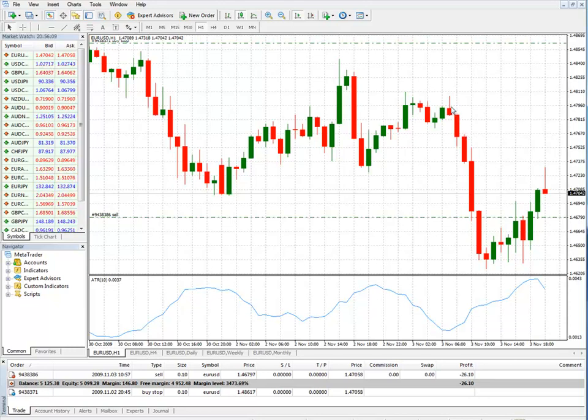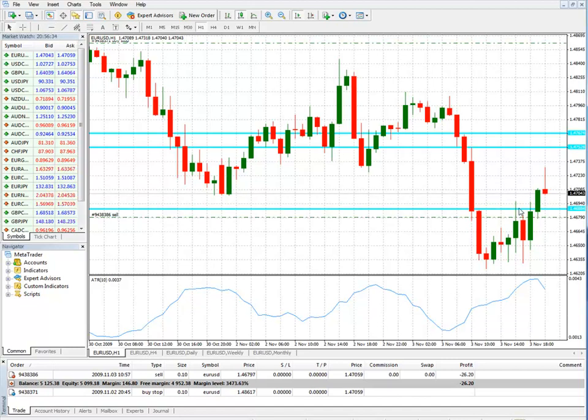Some people will go through and move not only a stop to a break-even point, but a stop to points such as these, that high, then down to that high, then down to that high. Of course, someone would have been stopped out at that particular point.